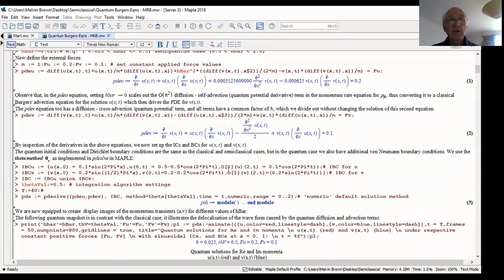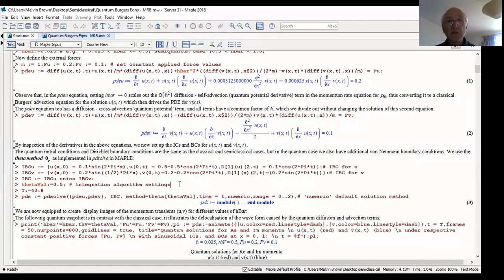Now the question is, how do we solve this? Well, we make use of pdsolve, Maple's partial differential equations solver, and we actually have to set up the boundary conditions for that. You can see IBCU and IBCV, for the two types of momentum, and you'll notice that there's not just values of initial conditions and boundary conditions.